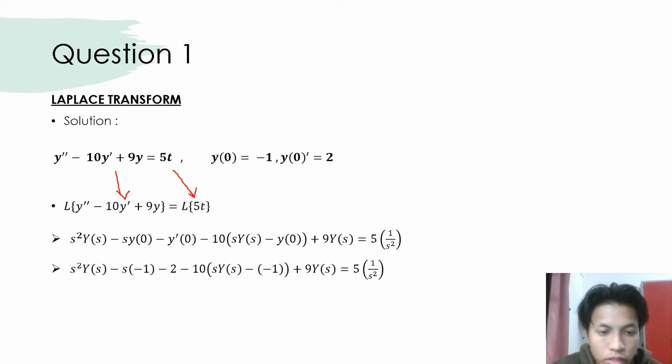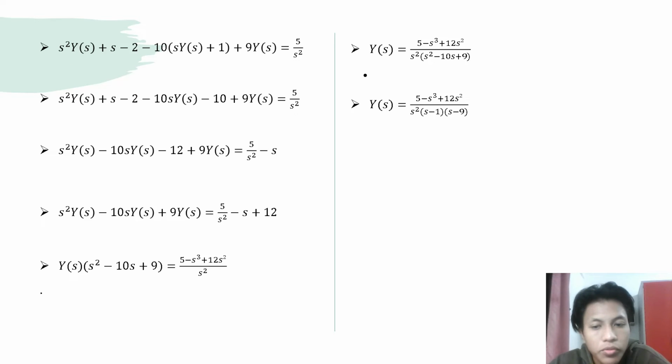So first we substitute the values y(0) and y prime(0), these are -1, 2, and then -1. Okay, after we substitute the values in the equation, we get s square Y(s) plus s minus 2 minus 10 times (sY(s) plus 1) plus 9Y(s) equal to 5 over s square.